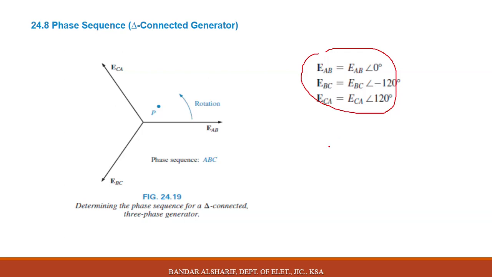If you need ACB, the only change for sequence ACB is that minus 120 becomes 120 degrees, and for ECA it will be minus 120. Sorry for that.